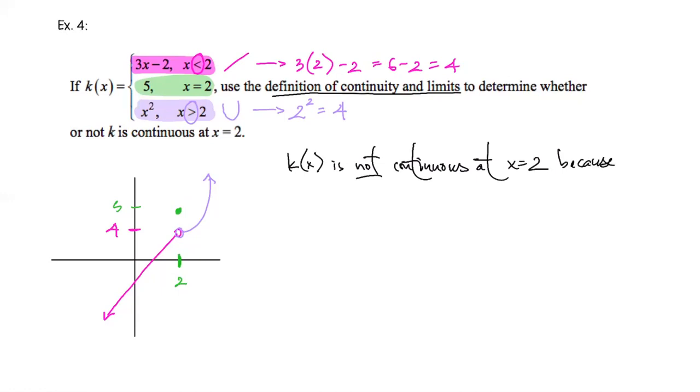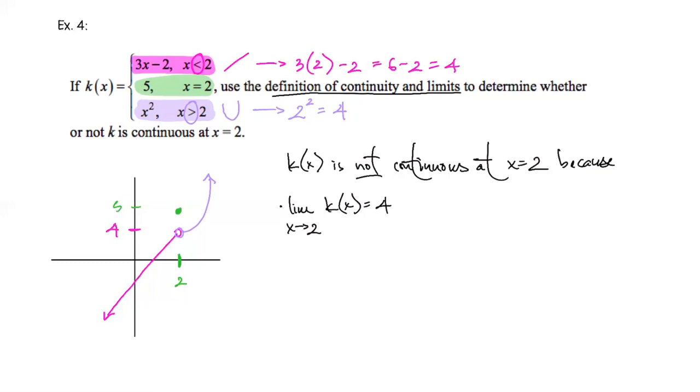let's use our checklist. The limit as x approaches 2 of the function. So when we get to x equals 2, what y value does it get to from both sides? Well, it gets close to 4. When we plug 2 into the left curve, the pink curve, we got 4, and when we plug 2 into the purple curve, we also got 4.